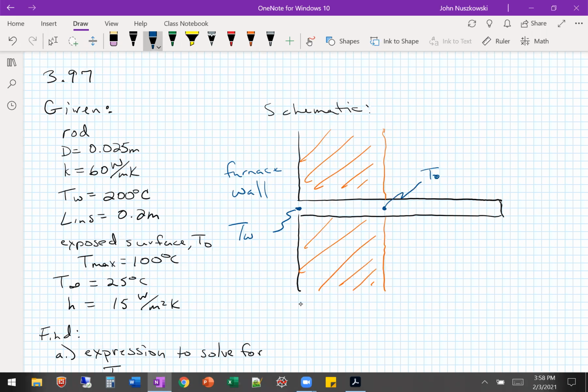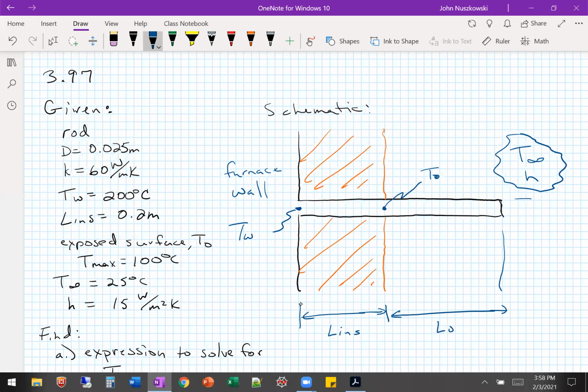And we have T infinity and h. Another length of our insulation, and here's that length, LO. And then this is the diameter.